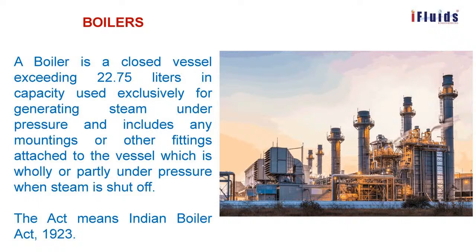That 22.75 liters explains the capacity of flow from the boiler feed water valve to the export of steam valve, or the exit of steam. So in between, the capacity should be 22.75 liters. In this case, if you close the outlet, the pressure in the boiler should rise. If the pressure rises, then it can be considered a steam boiler. This is the standard definition.